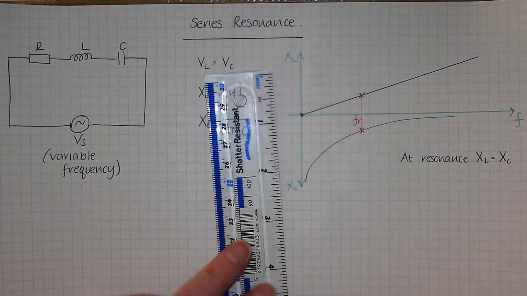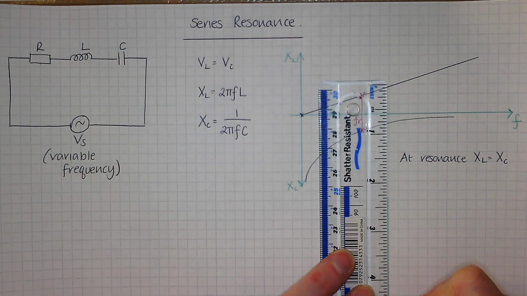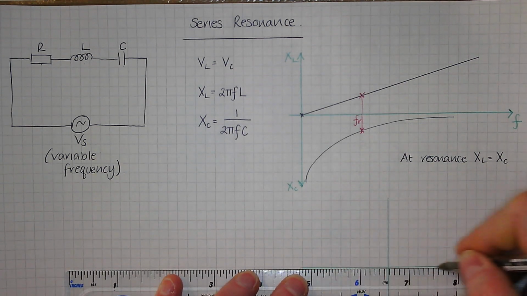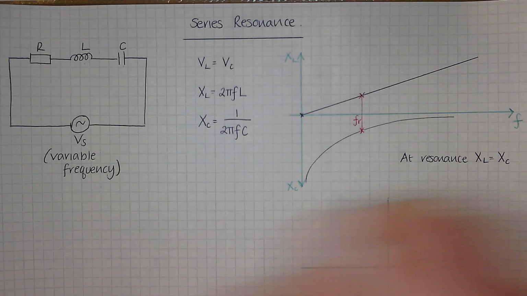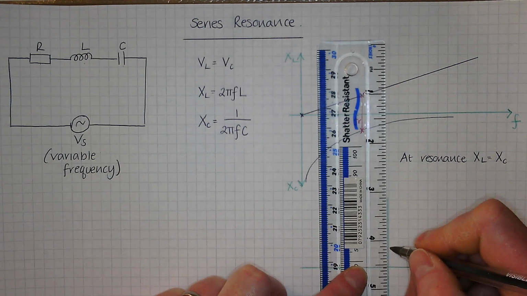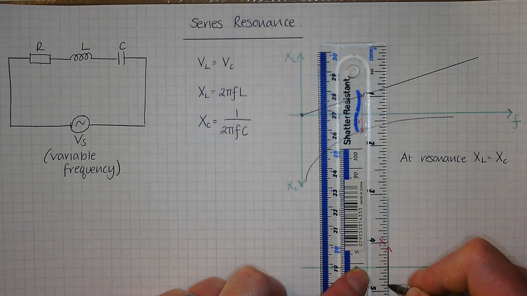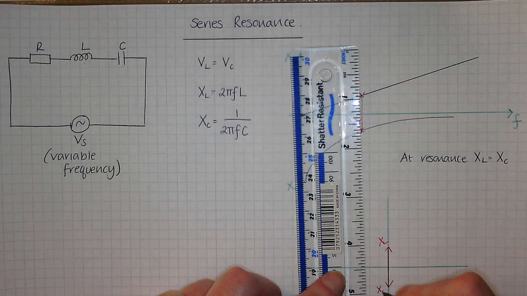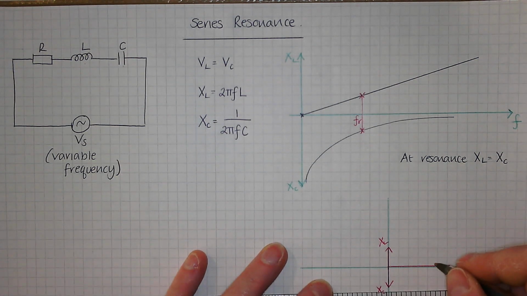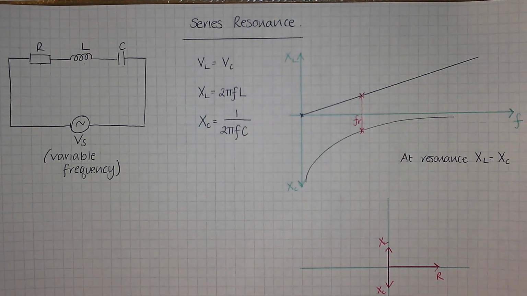If you're drawing that in a phasor diagram, as in just on the cross, then on an impedance phasor diagram, that would be my XL, that would be my XC, and my value of resistor, remember resistance isn't dependent on frequency at all, resistance just stays the same.